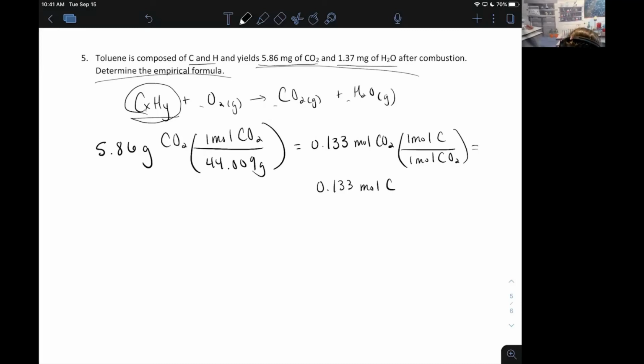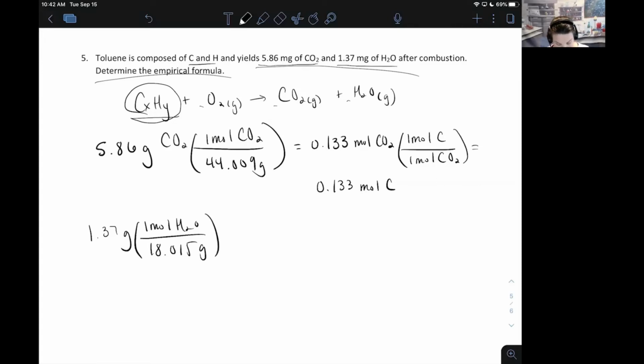Same thing with our water. Basically convert it from milligrams into grams. And 1 mole of water has a molar mass of 18.015 grams.